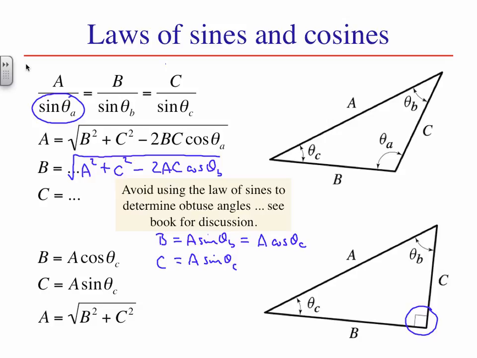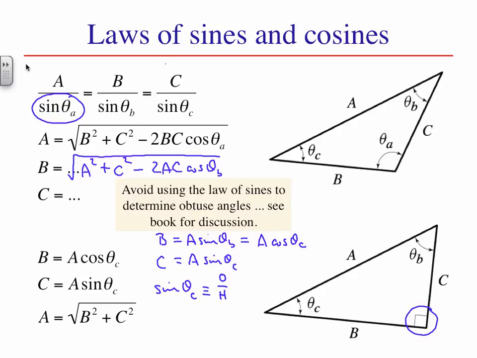Note that this is also consistent with the definitions of sines and cosines in a right triangle. We know that in a right triangle, the sine of the angle theta C in this case is defined as the ratio of the opposite to the hypotenuse.